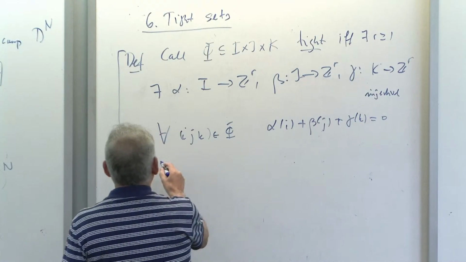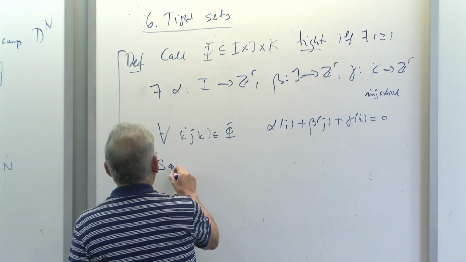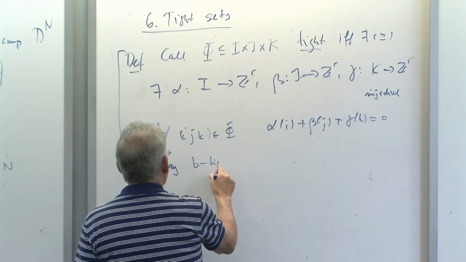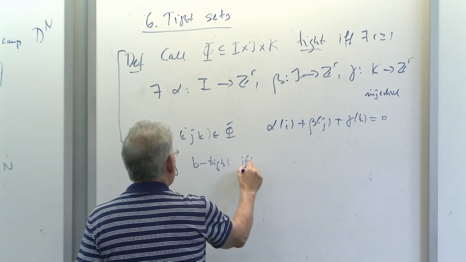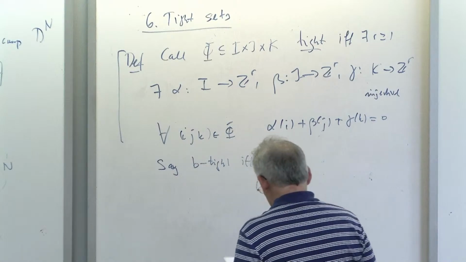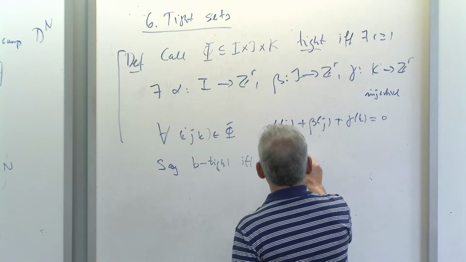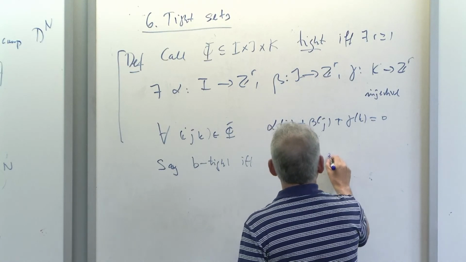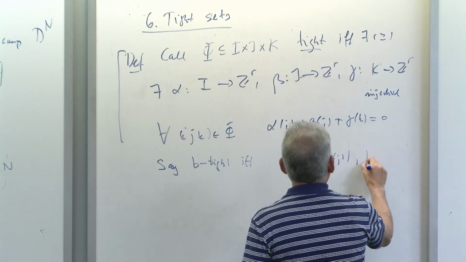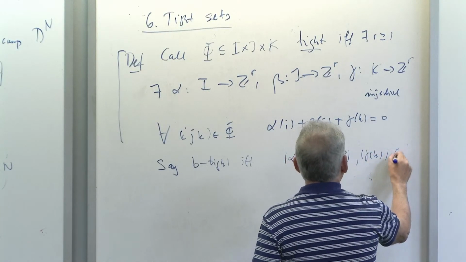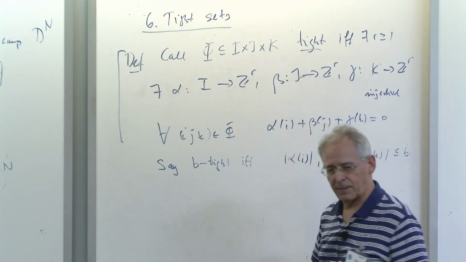I need some parameter. I say this is B-tight, where B is a natural number, if I have some control on the sizes of alpha. So if the absolute values of alpha(i), beta(j), and gamma(k) are all bounded by B, then I say B-tight.